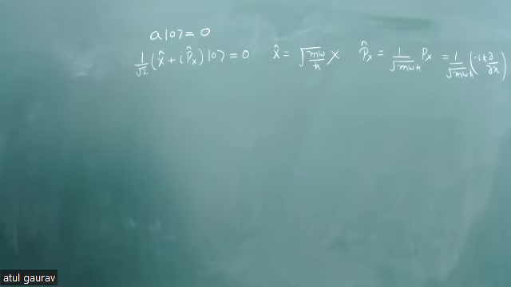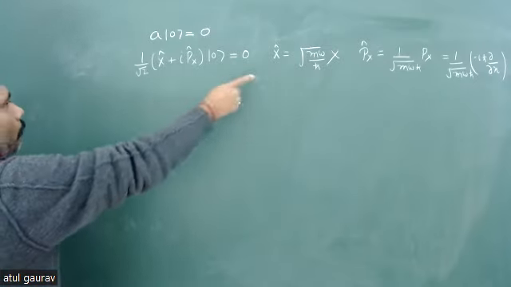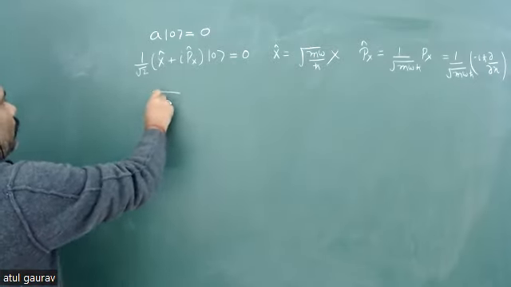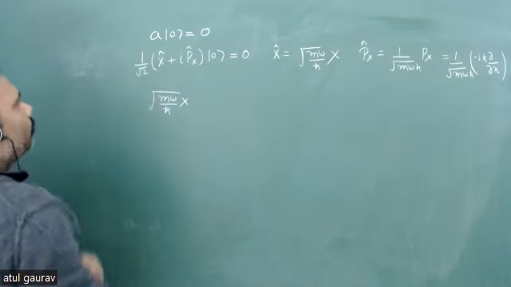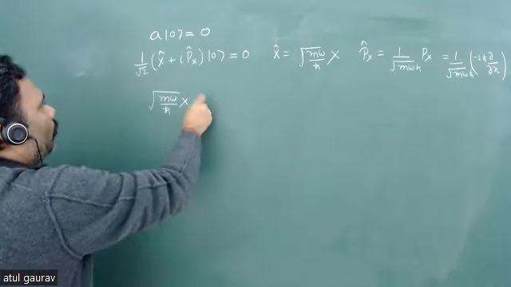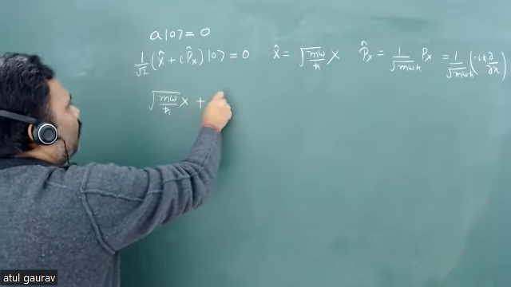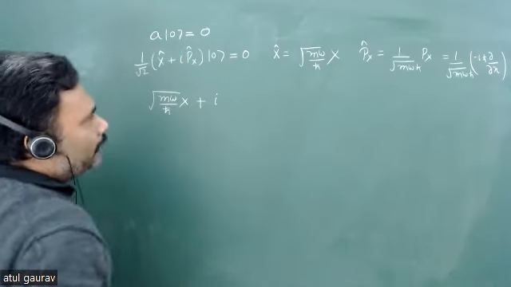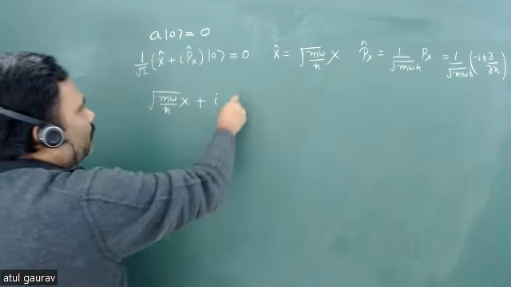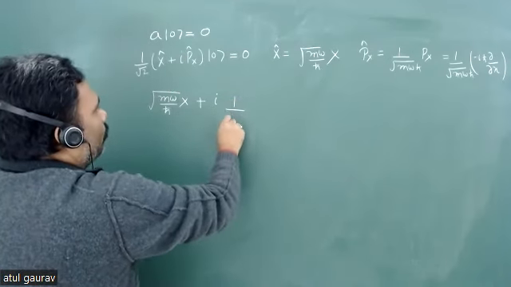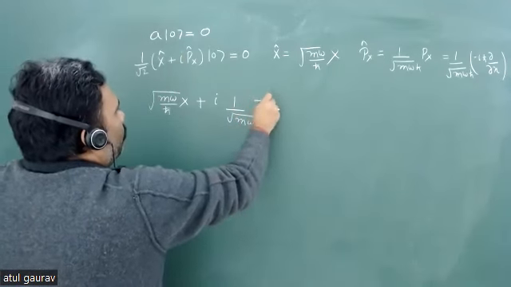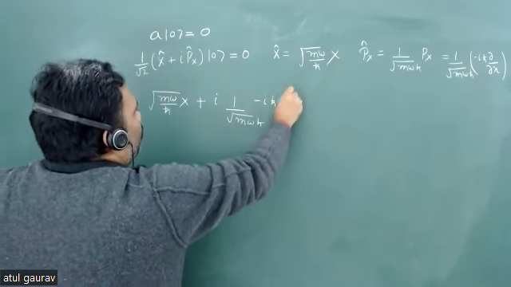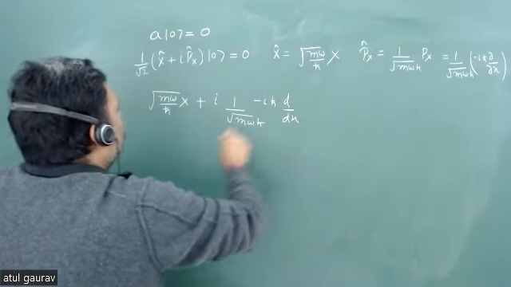So I will replace my x cap with root under m omega upon h cut times x, plus i, and this p_x can be written as 1 upon root under m omega h cut times minus i h cut d upon dx.